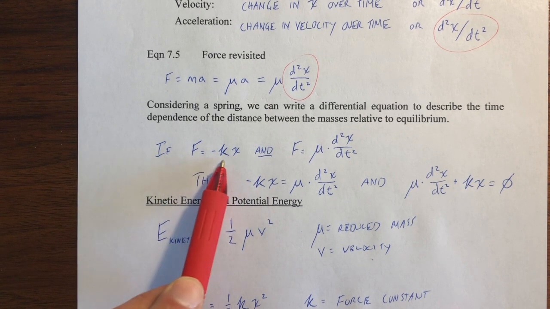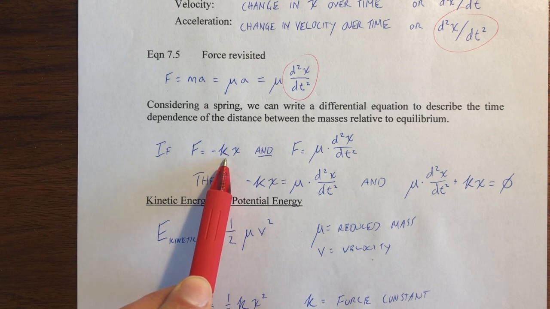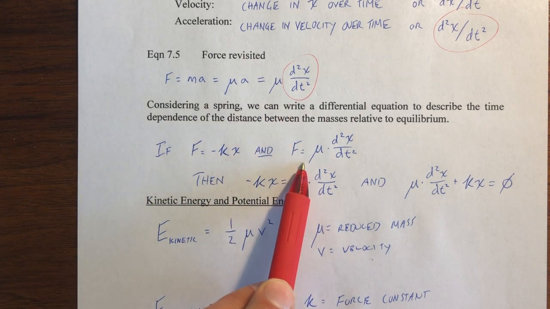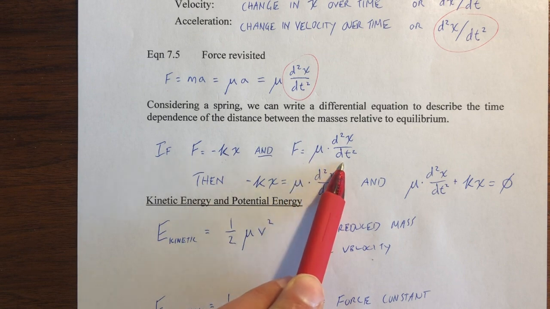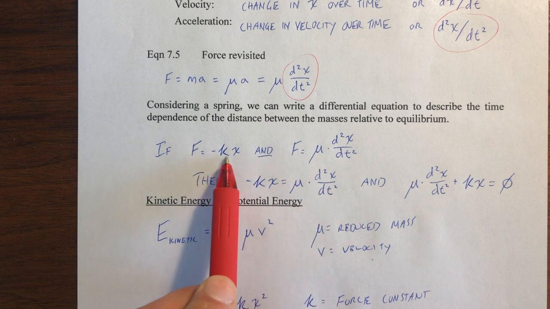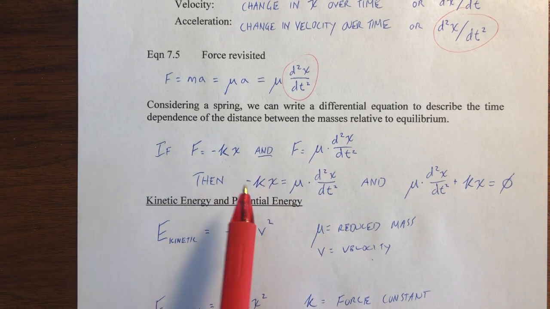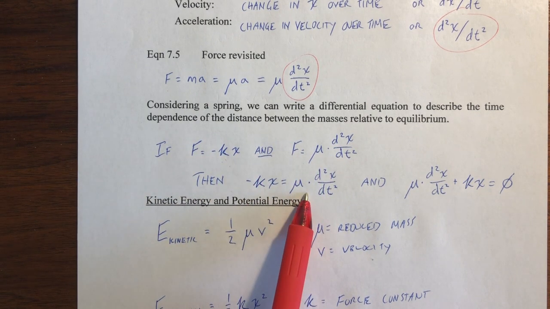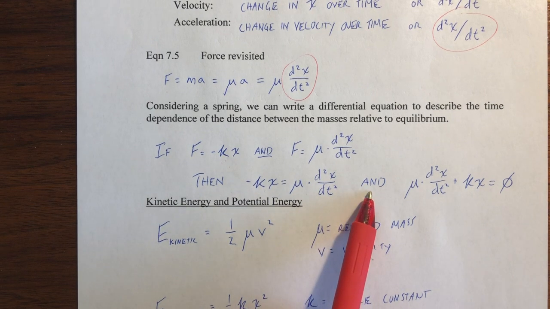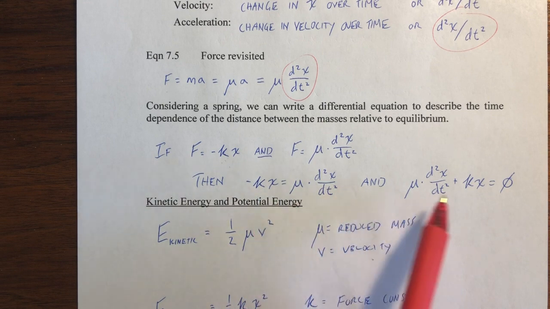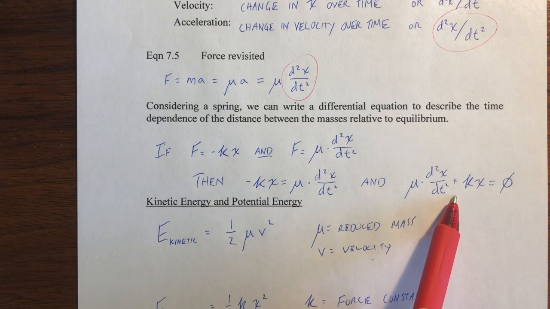So, if force is equal to negative kx, and as we just defined, force is equal to the reduced mass times the second derivative of position with respect to time, then we can set these two equal to one another. So negative kx is equal to mu times the second derivative of x with respect to t. And we can add kx to both sides, set it equal to 0, and we get this expression here.